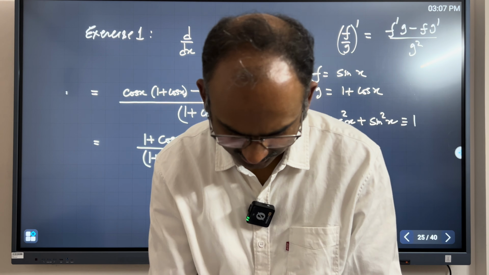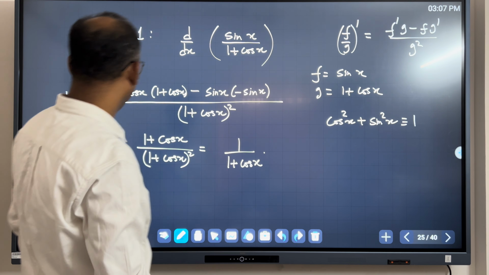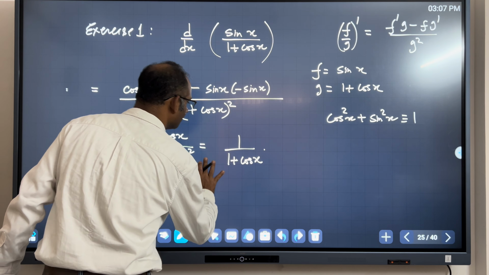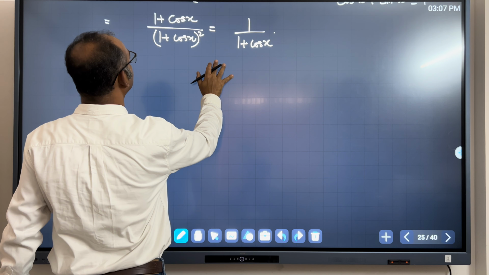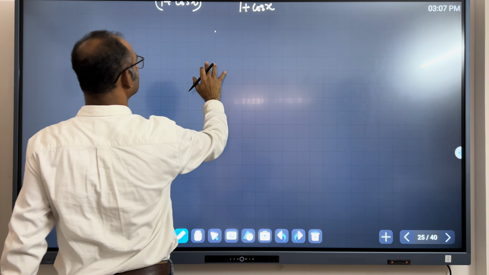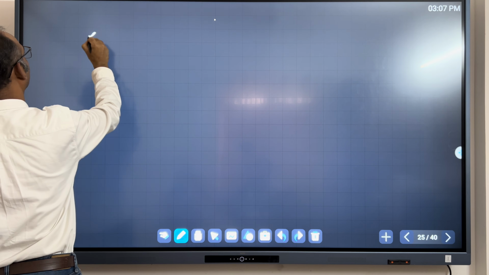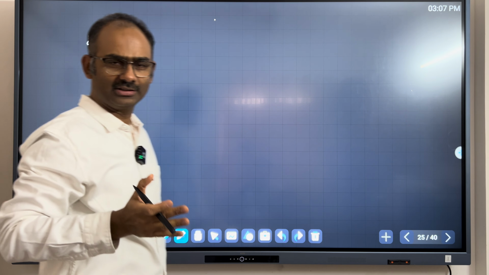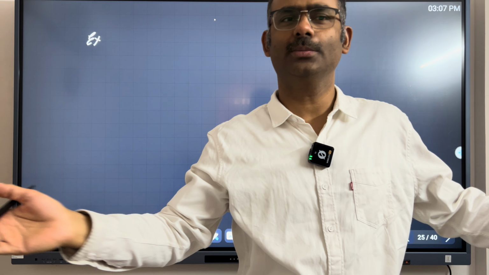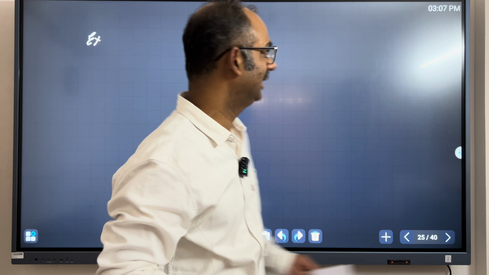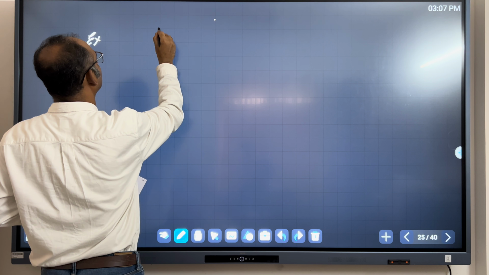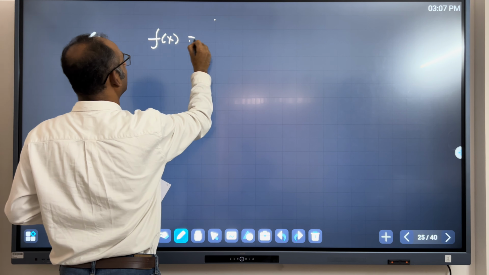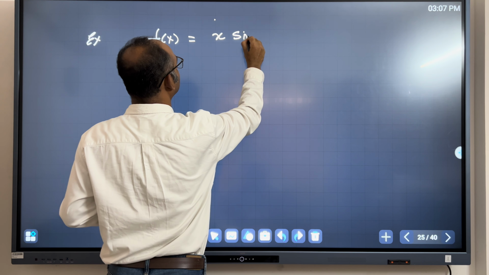Not only these, all the problems that we did involved either trigonometric functions or polynomial functions, but who stops you from multiplying them? So I'll just give you one. Suppose f of x is x times sine of x.